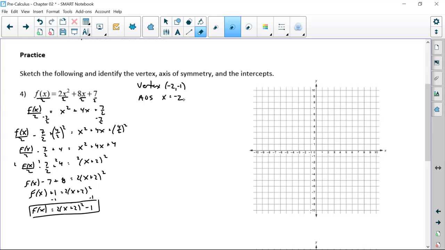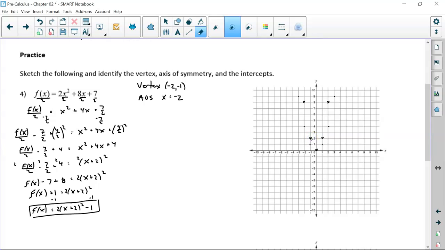So to graph it, I'm going to use my parent functions and my transformations. So my parent function is right here. Those are my anchor points. And now what we're going to do is multiply all the y coordinates by 2. So we're at 2, 8, negative 2, 8, negative 1, 2.